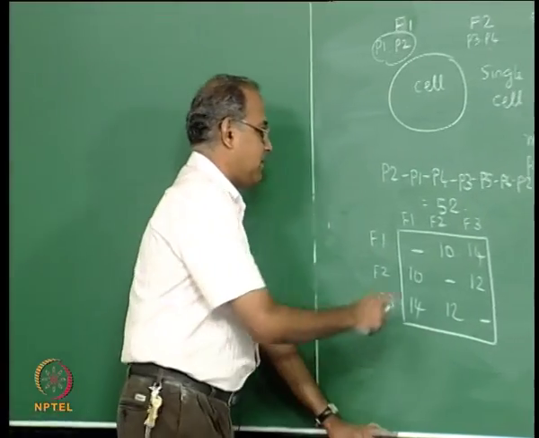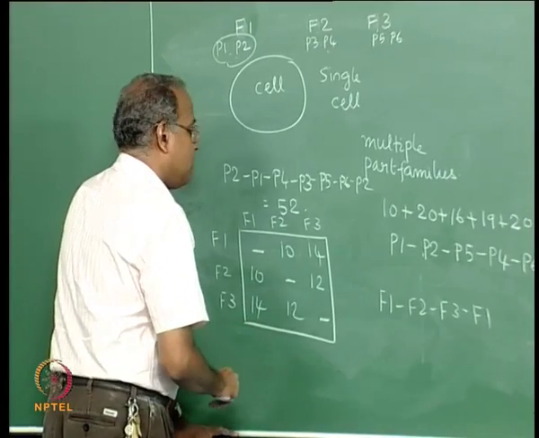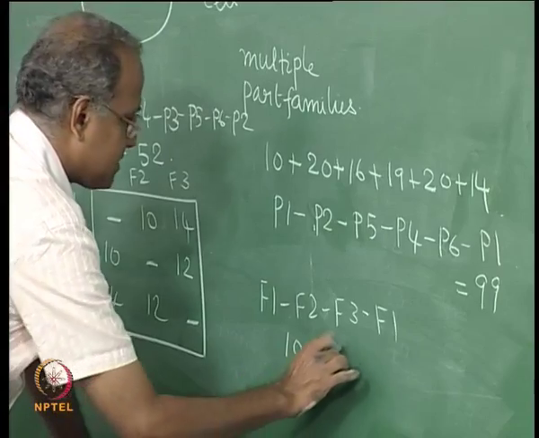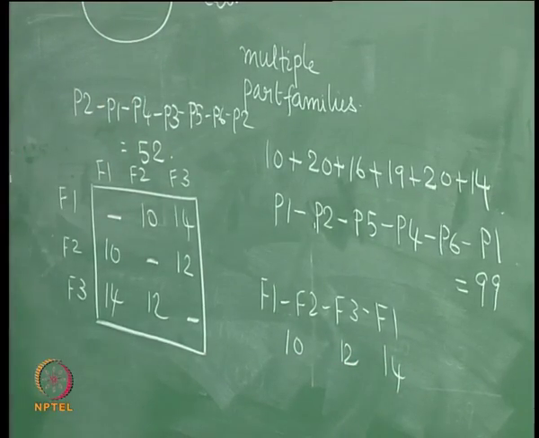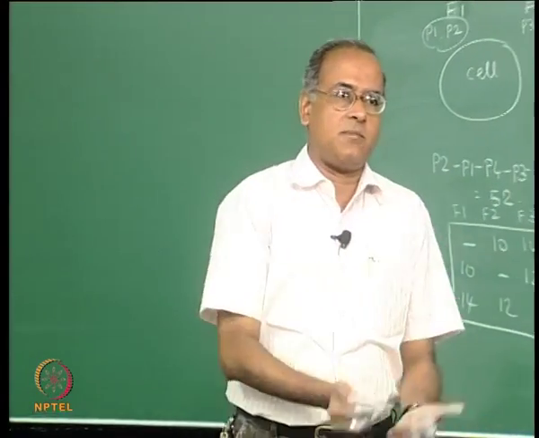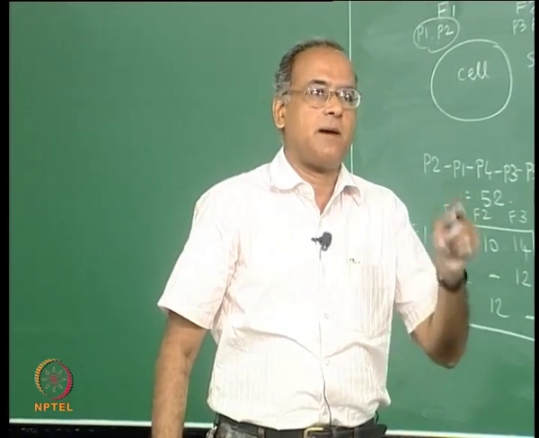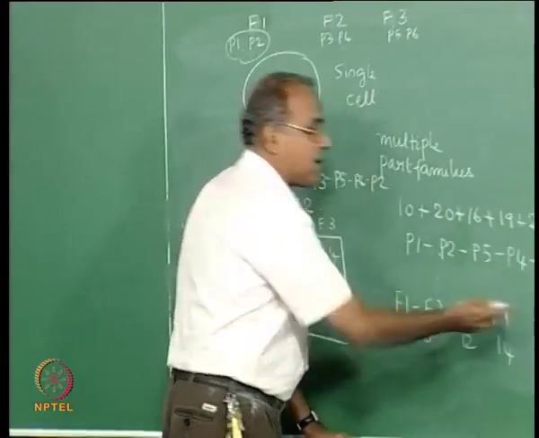So, this is 10 plus 12; F1, F3, F2, F1 would also give the same, since F1, F2 is 10, F2, F3 is 12, F3, F1 is 14. Because we have only 3 families, we will get only one solution. If we had a large number of families, we could solve a travelling salesman problem amongst the families to find out the order in which we take the families.